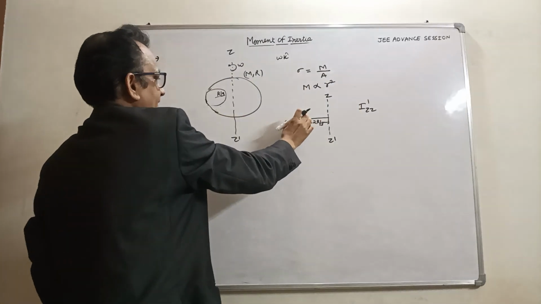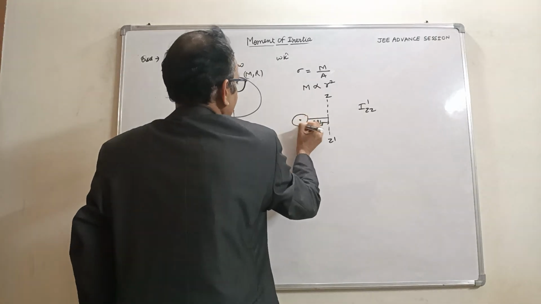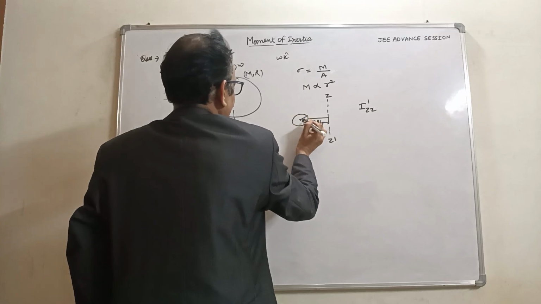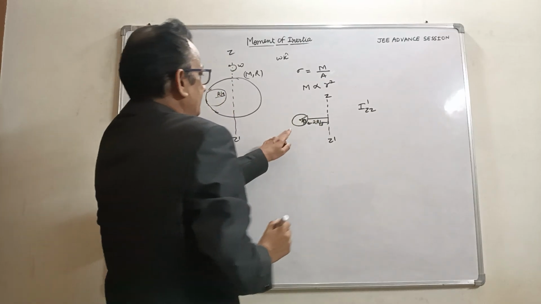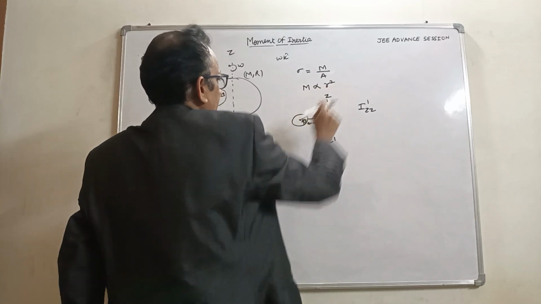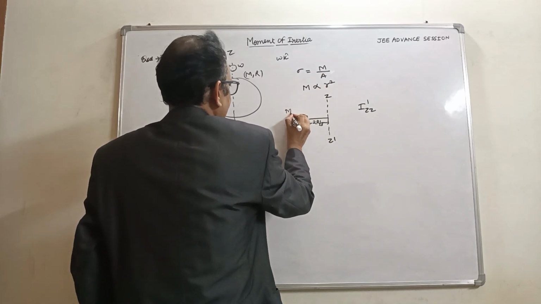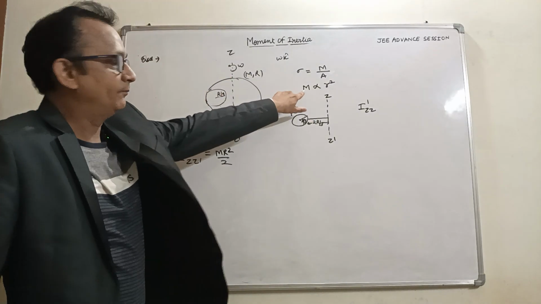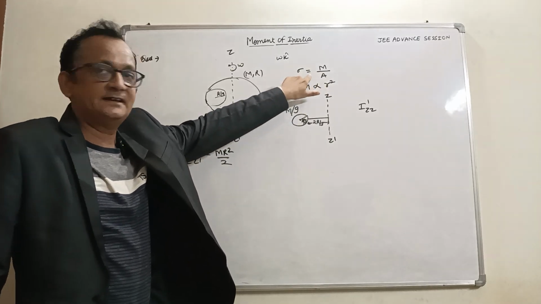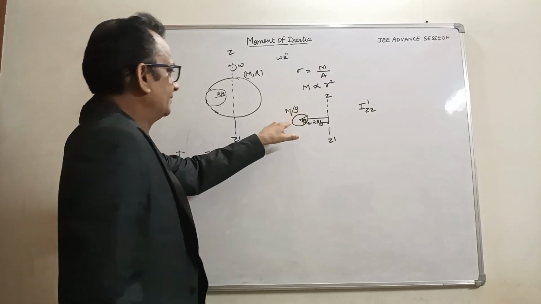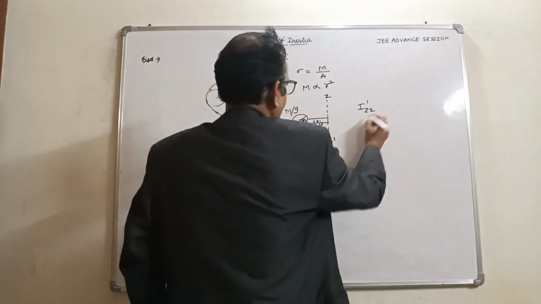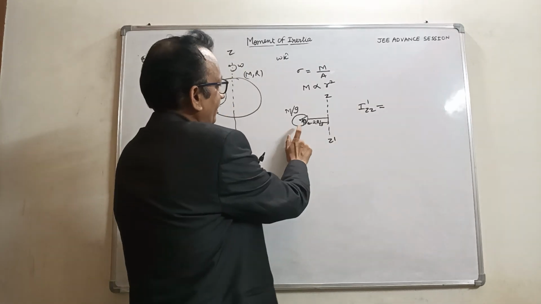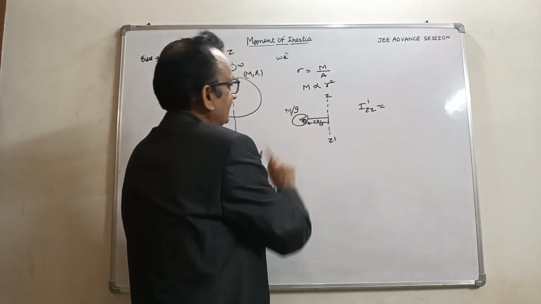Remove disk. We have to find the moment of inertia of the disk having radius r by 3. So what would be the mass of this disk? We know mass is directly proportional to r square. So if the whole mass is m, then its mass becomes m by 9. Mass is proportional to r square, density is constant. So write here I z z. We apply the parallel axis theorem. First we write the moment of inertia here.